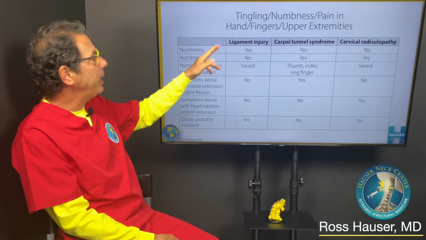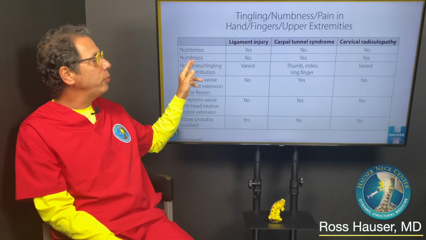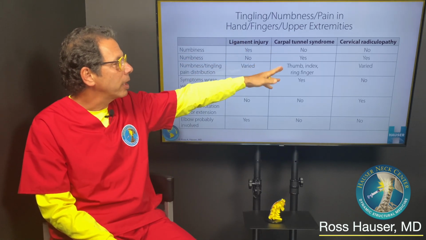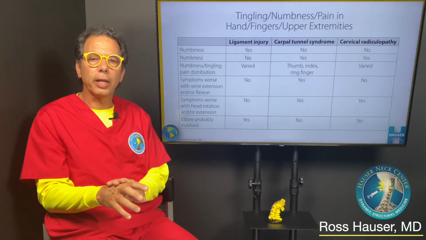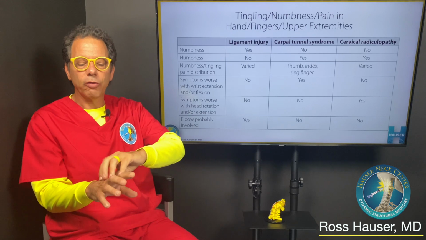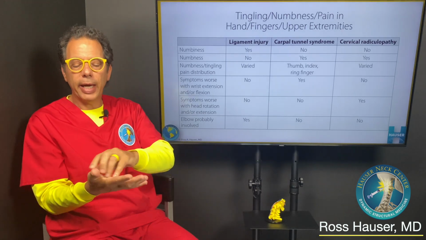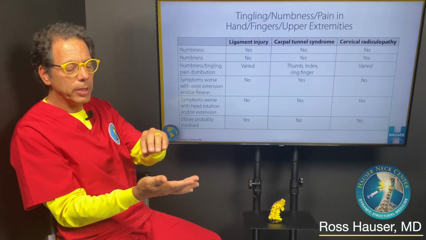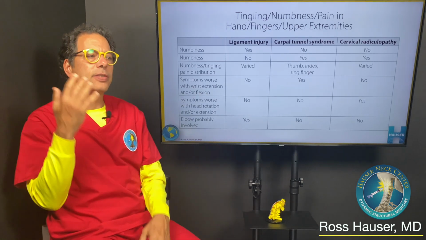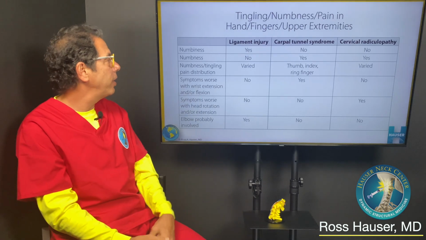Numbiness is with ligament injury. True numbness can occur from carpal tunnel syndrome, or from a pinched nerve at C6. I have a little bit of C6 radiculopathy, so I get tingling, but my sensation is fine, so I don't have numbness. A pinched nerve at C6 can cause you to have numbness here.